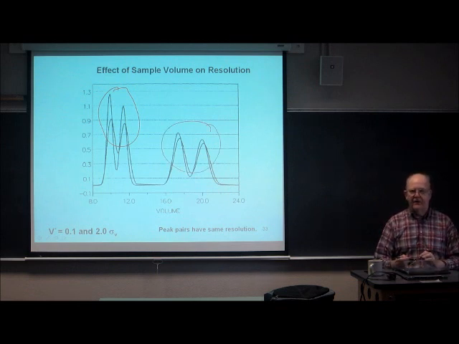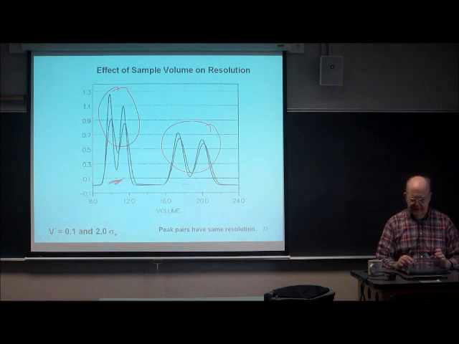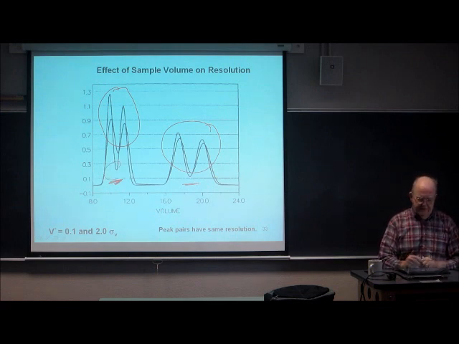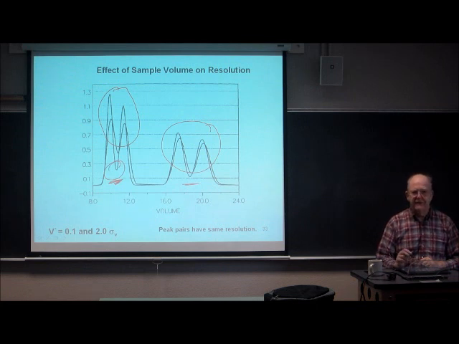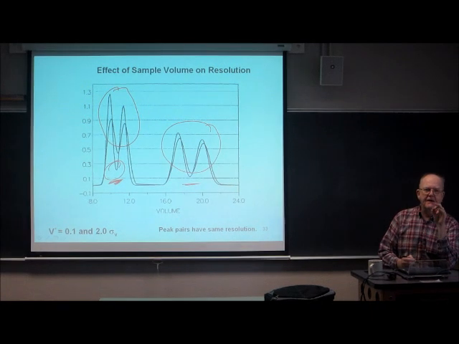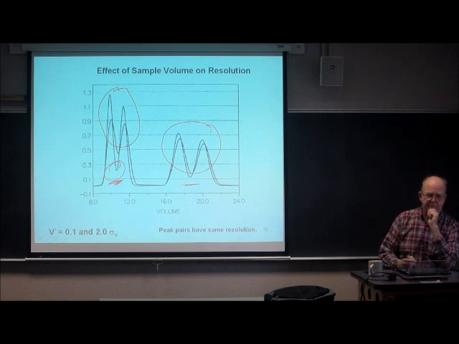The reason is that these peaks inherently have smaller sigma values. The early peaks have smaller sigma values than do the later peaks. So the ratio of tau, the time constant of the filter, it's the same filter for all the peaks, to the sigma is greater for these early peaks than it is for the later peaks. So the resolution of the early peaks is more messed up than the resolution of the later peaks.